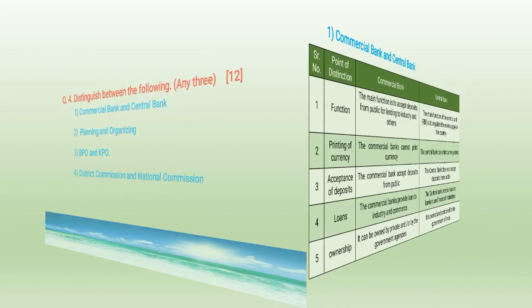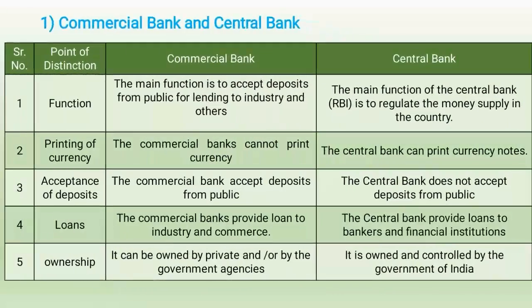Now see the first question, that is commercial bank and central bank. Here I have given 5 points. You may write 4, but I will suggest you to write at least 5 to 6 points. Okay. So see the 4 columns. First one is serial number, then point of difference, then commercial bank, and fourth one is central bank.